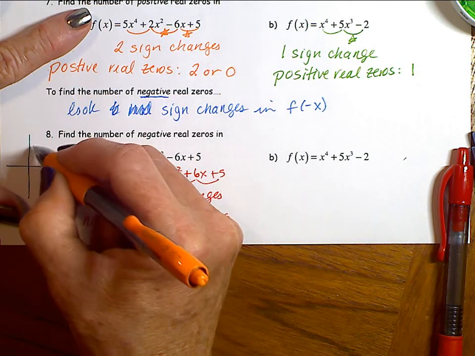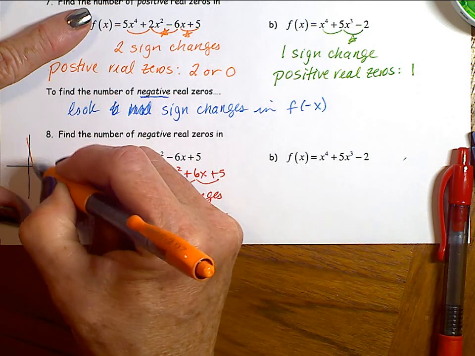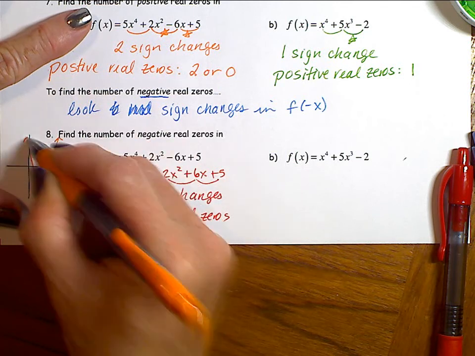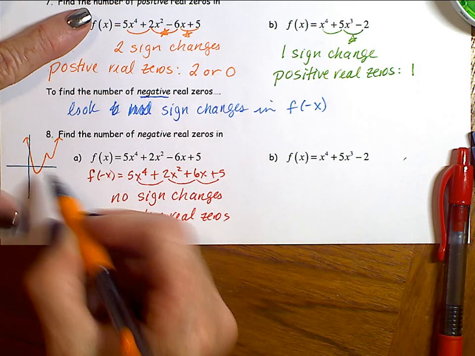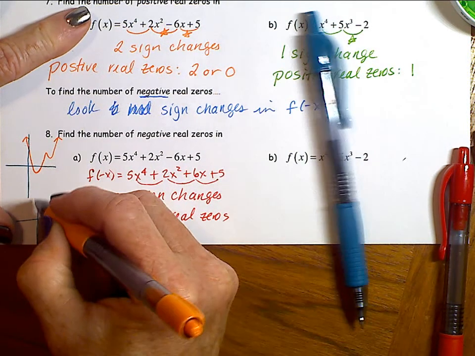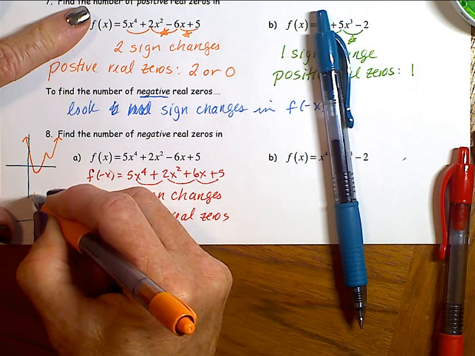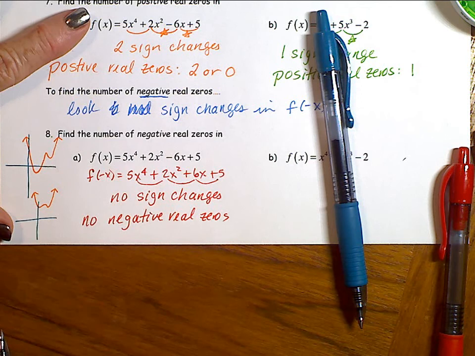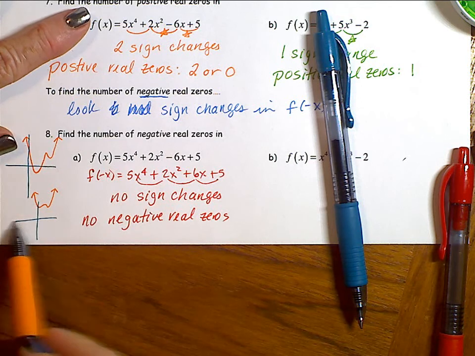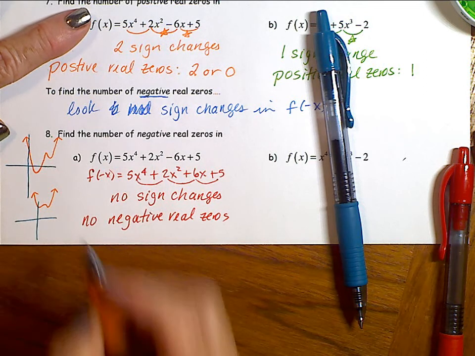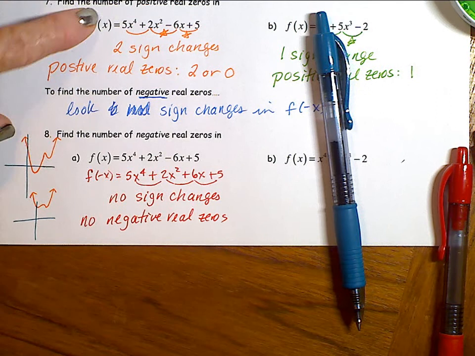It might be something like that, where we have those 2 real zeros, or something like that, where we have no positive real zeros. But notice in either case, it did not hit the x-axis to the left of the y-axis because there are no negative real zeros. That's an idea of what that graph looks like.